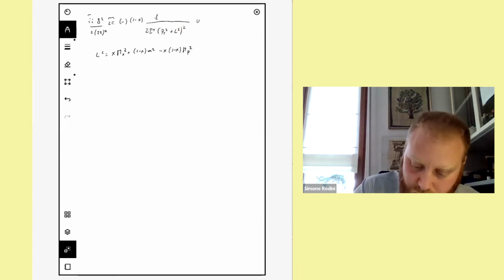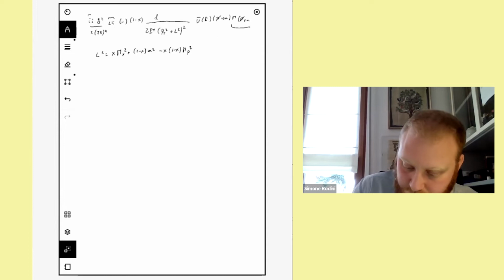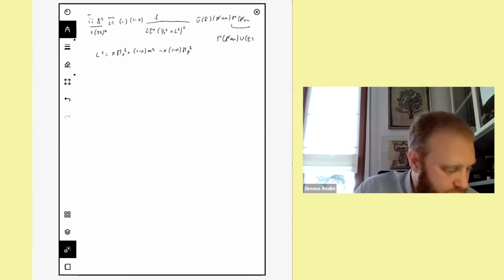And then you have your u bar of p slash plus m times gamma times p slash plus m. Sorry, this is p slash plus m u p. I do not know what dependent does.